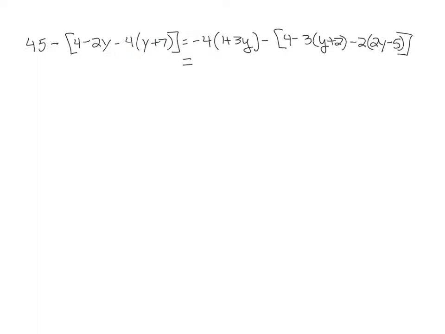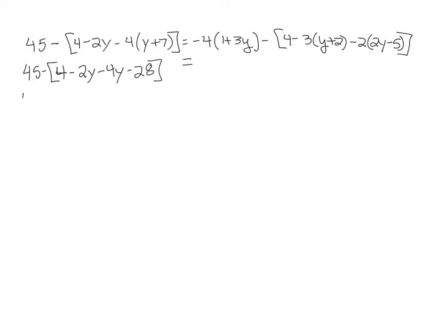That means multiplying. So I have 45 minus, because we're dealing with linear equations, we are lucky we don't have any exponents right now. So distributing the negative 4 gives me negative 4 times the y, and negative 4 times positive 7 gives me that.